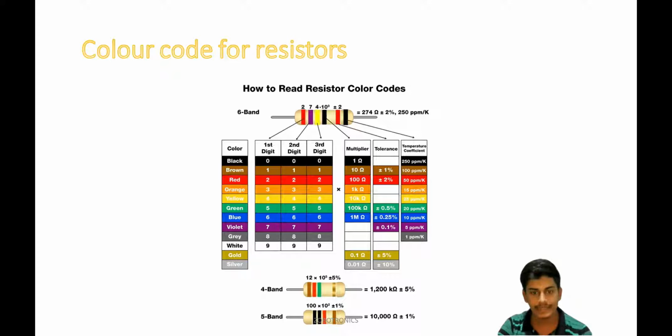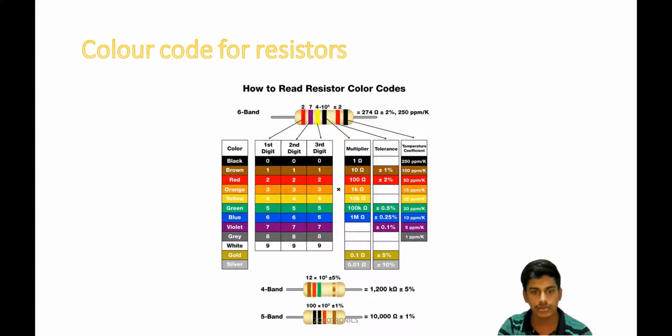Then second is red color. Red color is 2, and then green color. Green color, the third digit, is 5. And again here there is no band, and here it is golden color. So tolerance will be plus minus 5%.